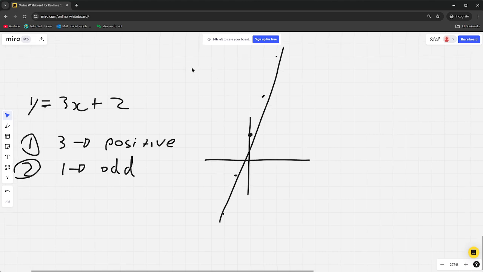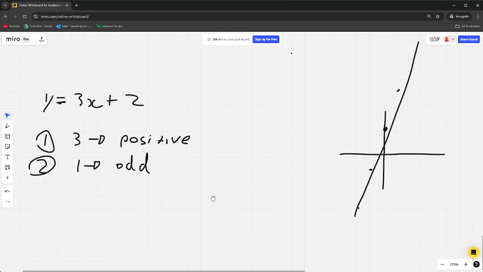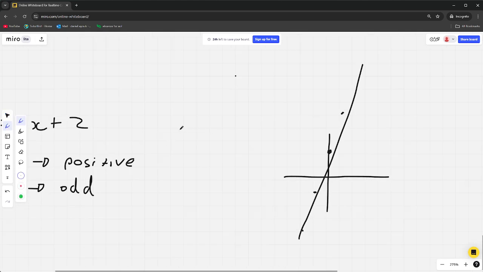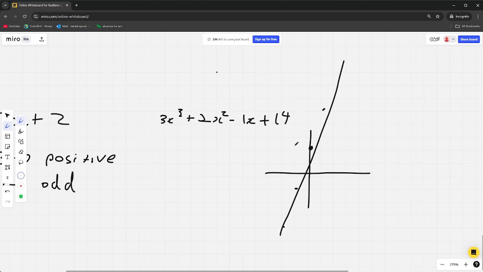We're going to take that behavior and apply it to functions a little bit more complex than this. So what if instead of 3x plus 2, you had 3x cubed plus 2x squared minus x plus 14 or something like that? What can we deduce from this function?